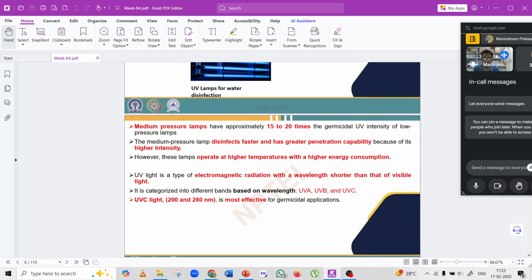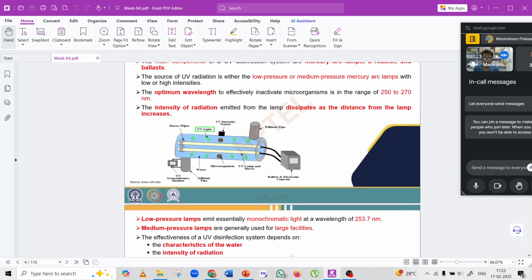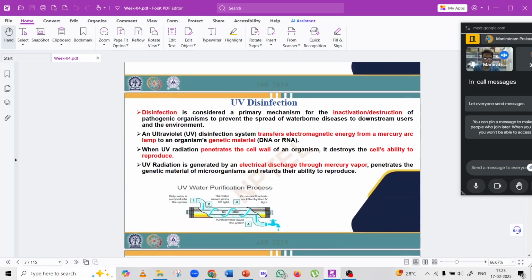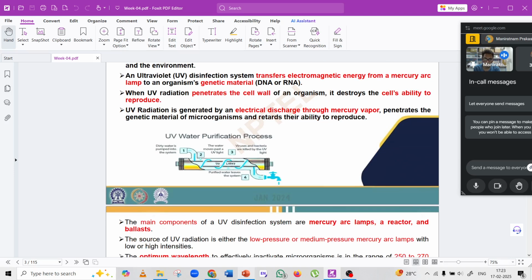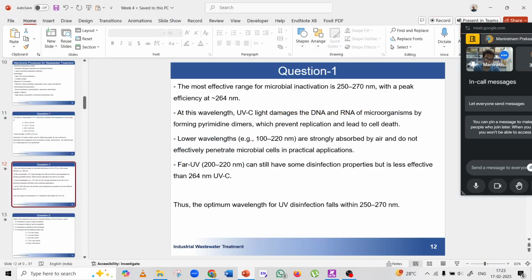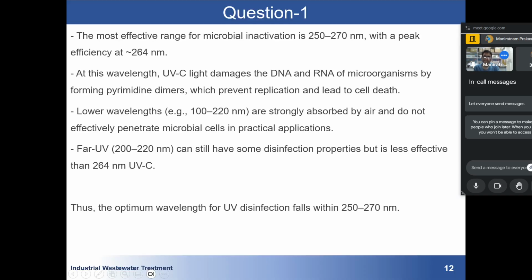All these details are there, so if you want to read more about this, I will request you to go to the lectures. This was a very easy question. The optimal range is 250 to 270, and the correct answer is D.